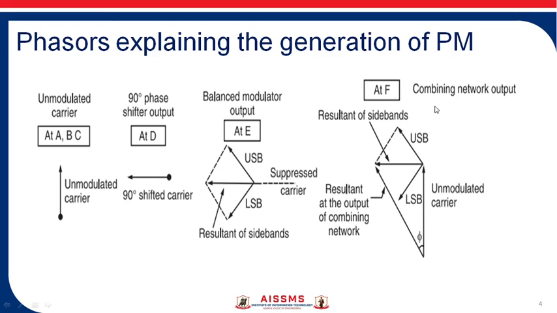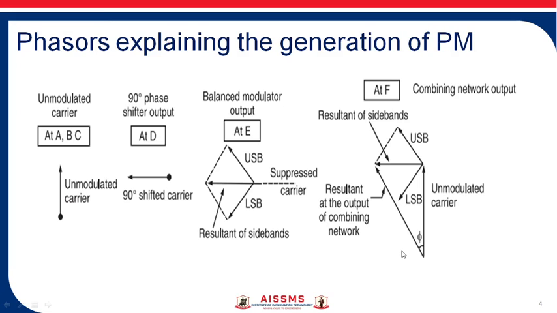At point F, the combining network output is the resultant of the two sidebands from the balance modulator and the unmodulated carrier. When you take the resultant of the unmodulated carrier with the resultant of the sidebands, you get the resultant at the output of the combining network, which is phase shifted from the unmodulated carrier by phi.